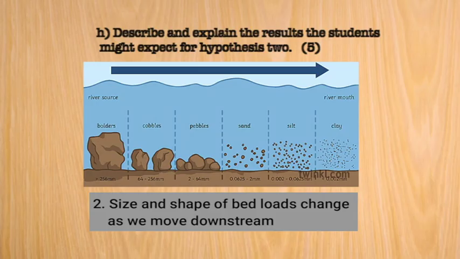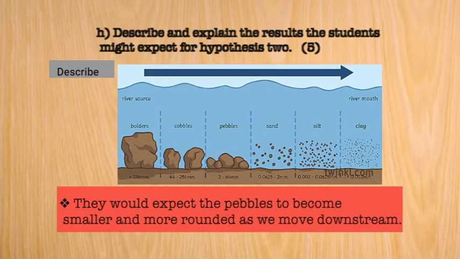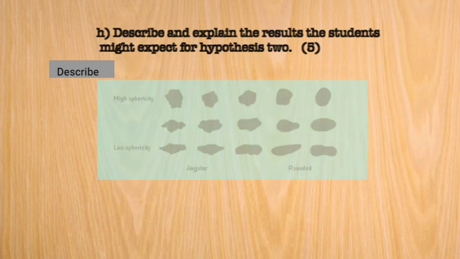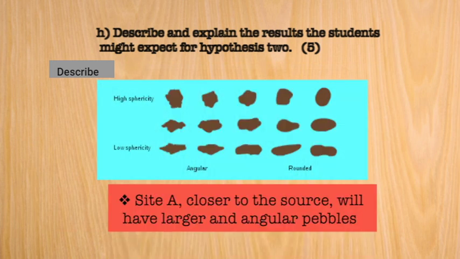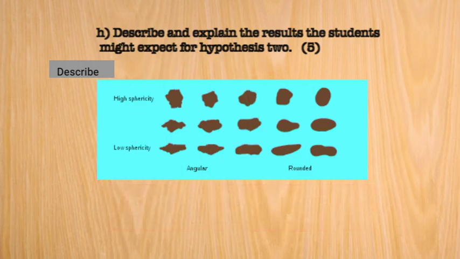Question H. Describe and explain the results the student might expect for the hypothesis 2. Describe. They would expect the pebble to become smaller and more rounded as we move downstream. Site A closer to the source will have larger and angular pebbles.